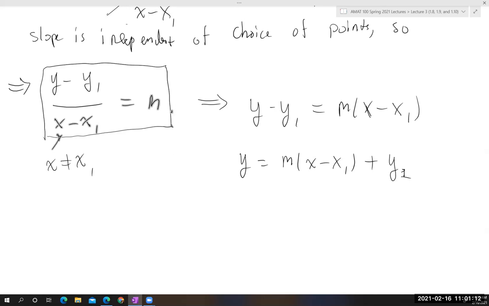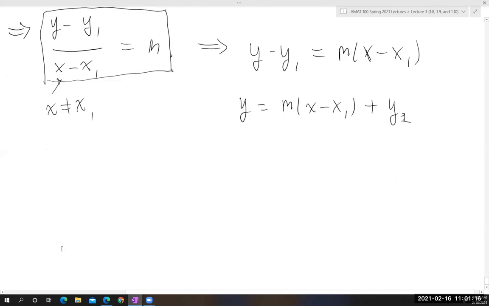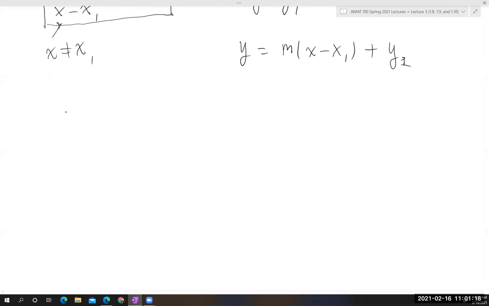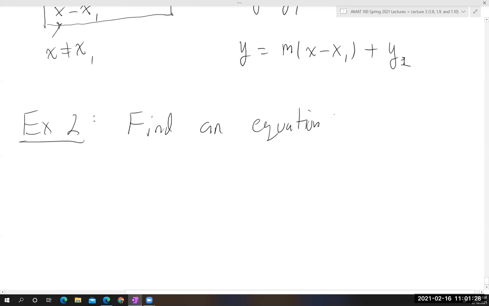So let's look at an example now. This is example 2 in the book, and it's find an equation. Really, it's going to be the equation because it's uniquely determined by this data.